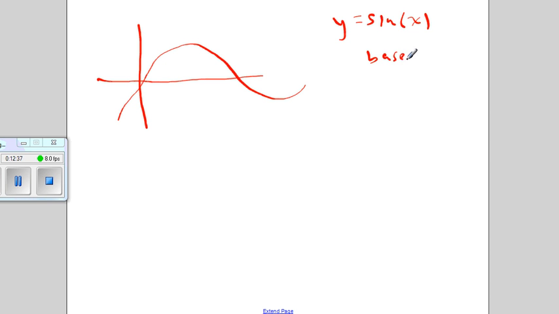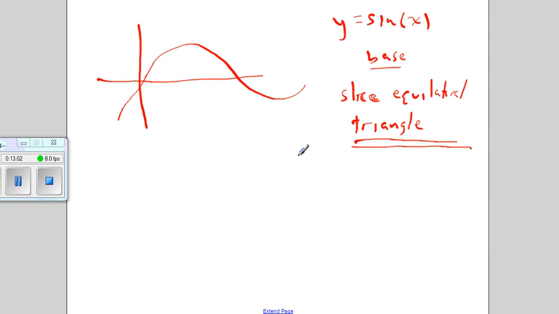And we're going to have a weird bread loaf where the base for each slice is an equilateral triangle. So equilateral triangle means each side is the same. So get ready for our 30, 60, 90s to come back, which are important for trig. So we're going to look at the volume generated from x equals 0 to x equals pi.